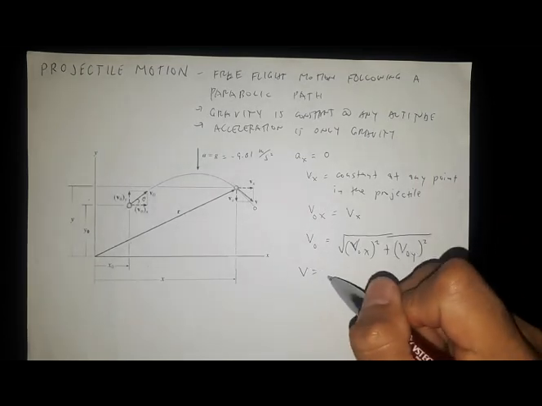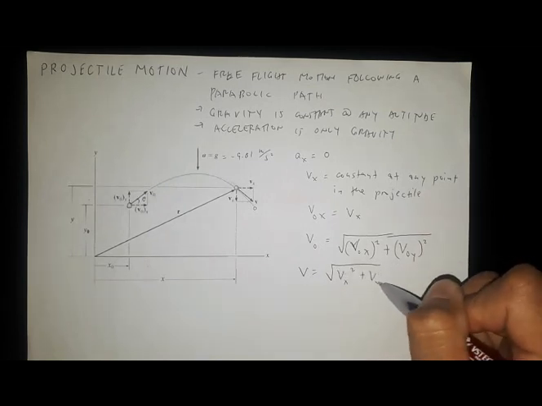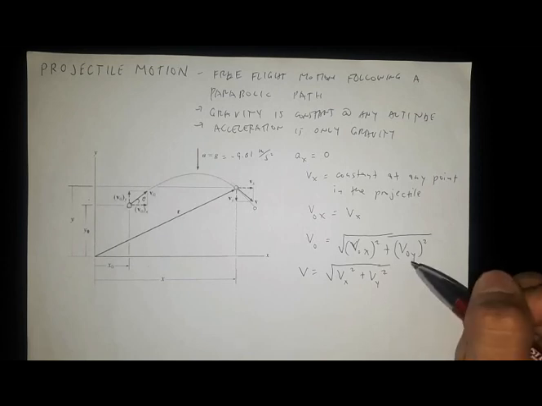V equals the square root of Vx squared plus Vy squared.